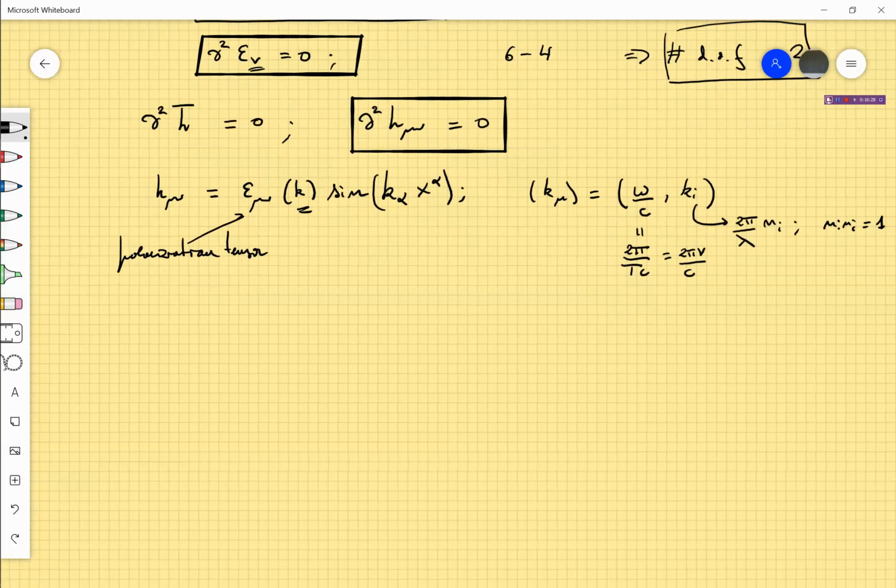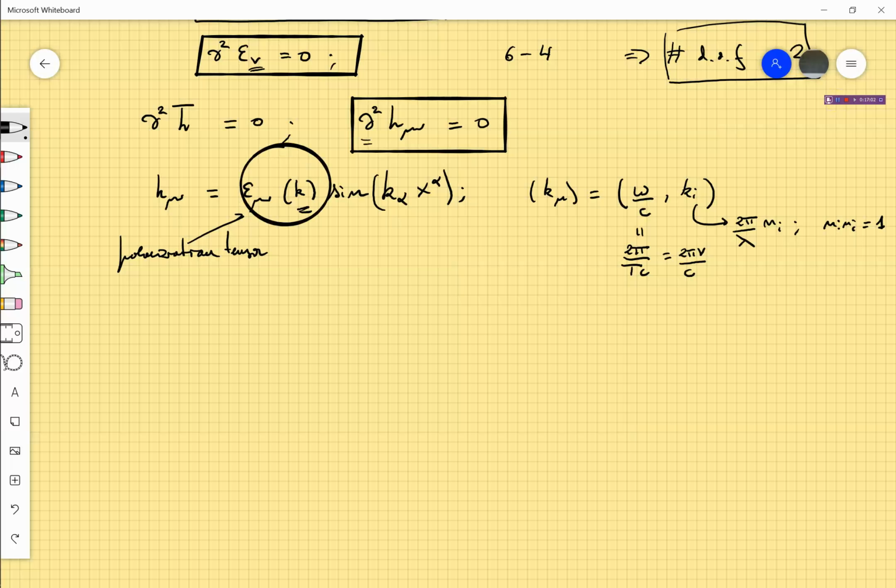The first thing that you have to do is check that this indeed is a solution of the wave equation. It's a linear equation, so the most general solution will be a combination of simple solutions of this kind. We plug this into the wave equation, and this is constant, so you have two derivatives of the sine, and this is x alpha, so you get k alpha the first time, and then k alpha the second time.